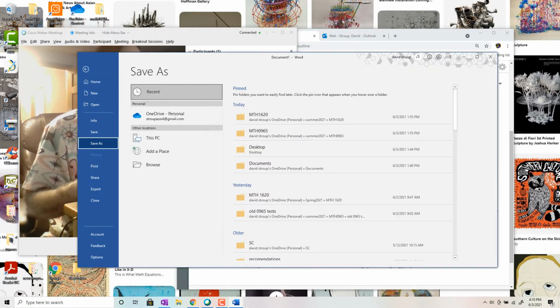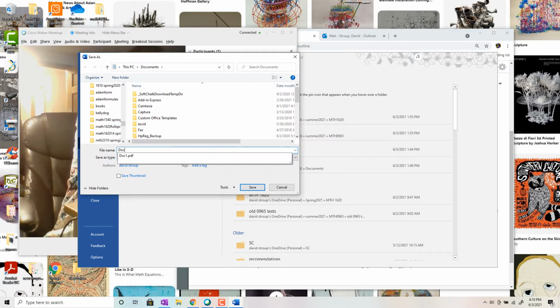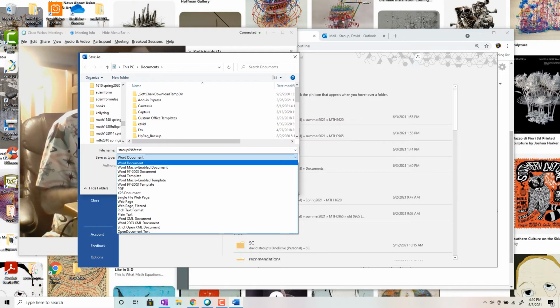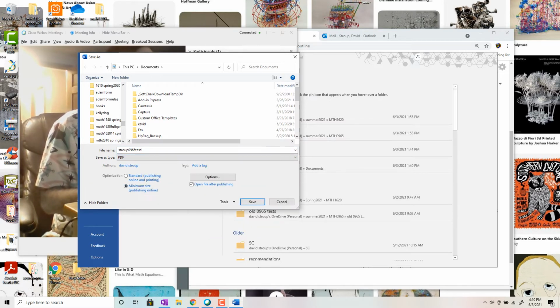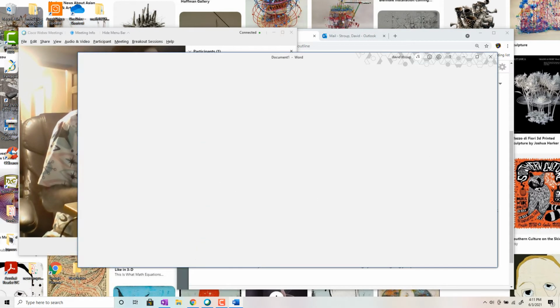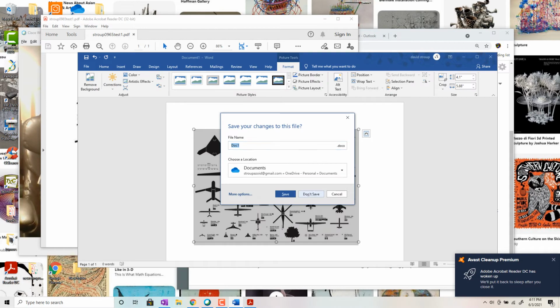Okay, so I'm going to save as, browse, whatever, put my name on it, Stroop 0965, test 1. And then look at how I save it. It says save as type. I'm going to go to PDF and then save it. And I'm going to put it somewhere, let's put it in the summer, and then put it in there. And it should give me a PDF version of it, which you see right there.